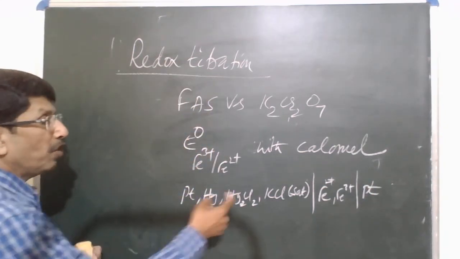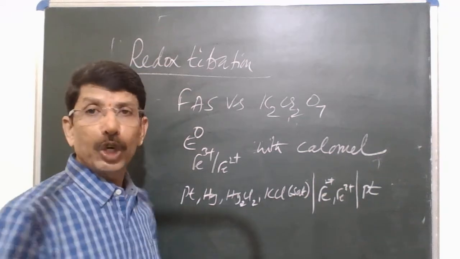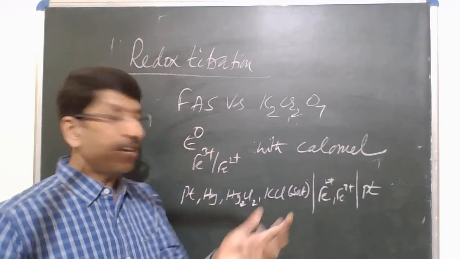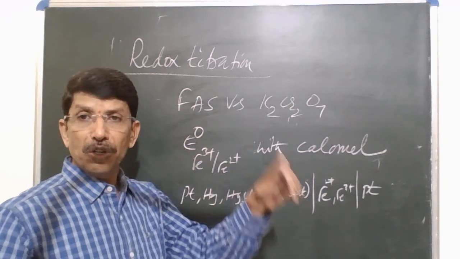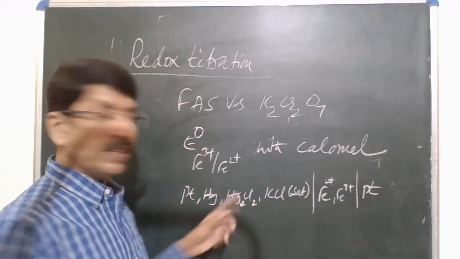So now you have a platinum electrode dipped into a solution of Fe2+ and Fe3+ ions, and the calomel electrode also dipped into the same solution. So this is the cell setup.